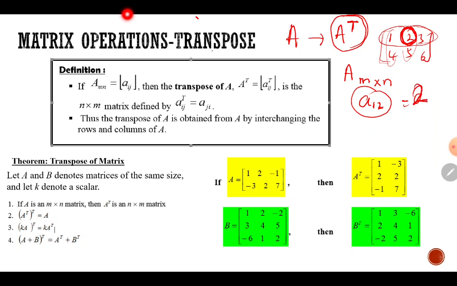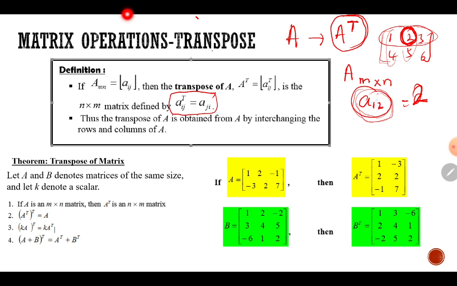Okay. So, kalau dia menjadi transpose, what will happen is, the entry of a matrix pun akan ditransposekan, kalau you tengok kat sini. Okay, (A^T)ij is equals to Aji. Maknanya kita terbalikkan, row menjadi column, column menjadi row.